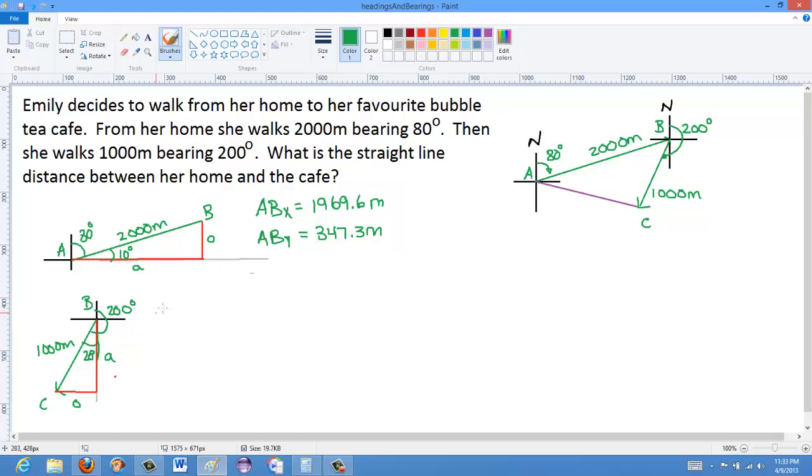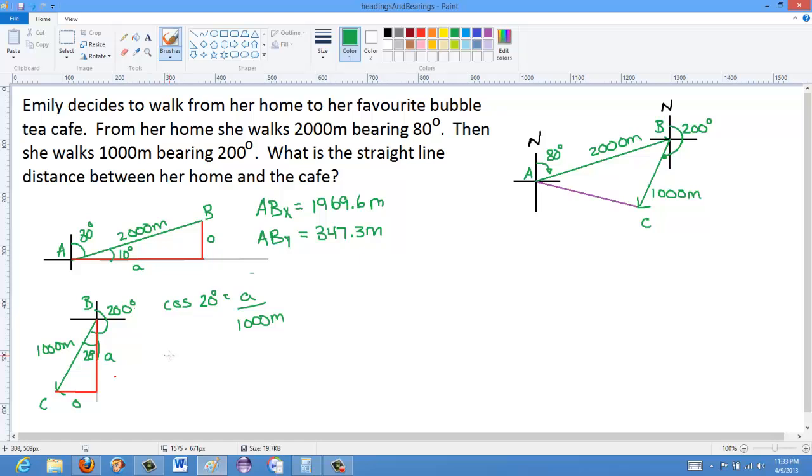So what I can say is that the cosine of 20 degrees is equal to A, the adjacent, divided by the hypotenuse, so that's 1,000 meters.